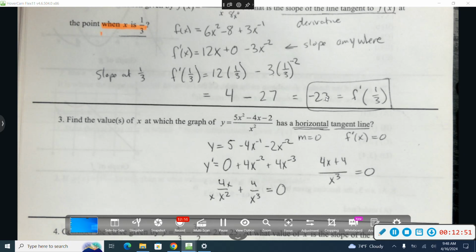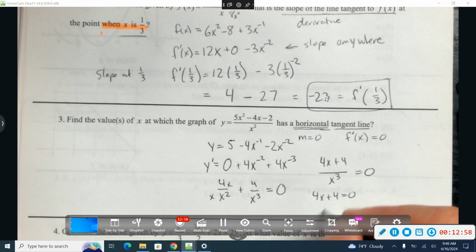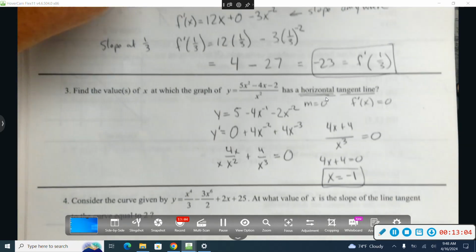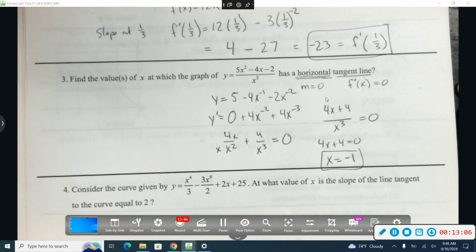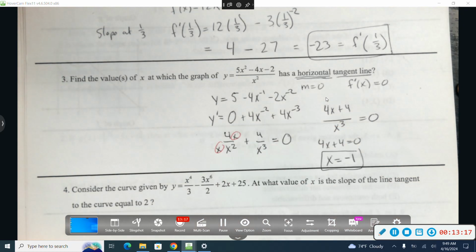So the only thing that makes a fraction 0 is if the top is 0. So this looked like a terrible problem, but it turned into x equals -1. So I multiplied top and bottom by x.